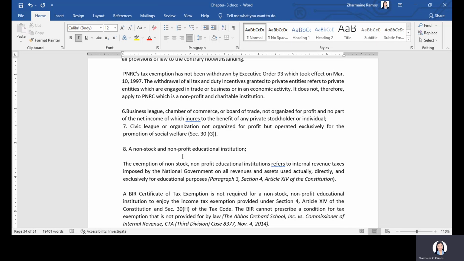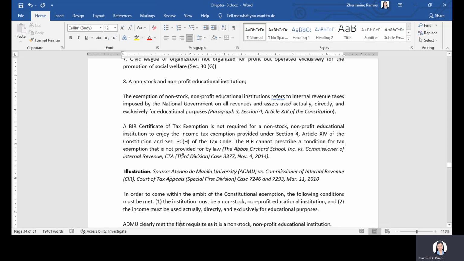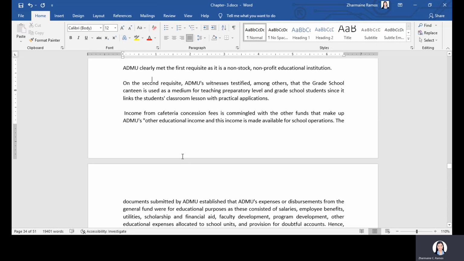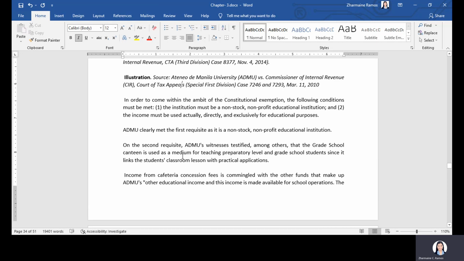Pero hindi kasi yan required para sa mga non-stock, non-profit educational institution para ma-enjoy yung income tax exemption kasi automatic. So yan, ito yung mga examples, mga schools.